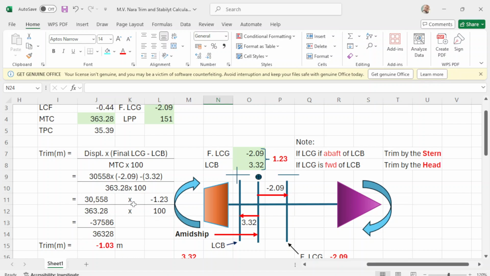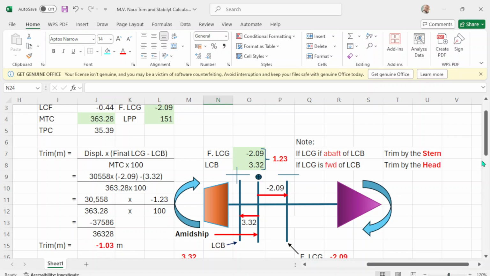Multiply displacement by the distance, that will be negative 3756. Multiply MTC with 100, that will be 36328, and your trim will be negative 1.03.